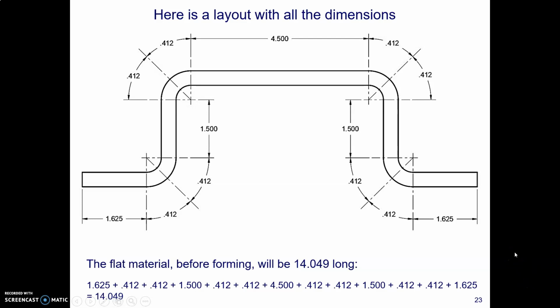That is precisely the overall length of the flat bar before you form it. Now, again, in consultation with your shop, you'll want to figure out, should you round that down to 14 1/32? Should you round up to the 64th? Probably not. Should you round up to 14 1/16 of an inch? That seems likely. I'd probably do that, but check with your shop and see what they would like.